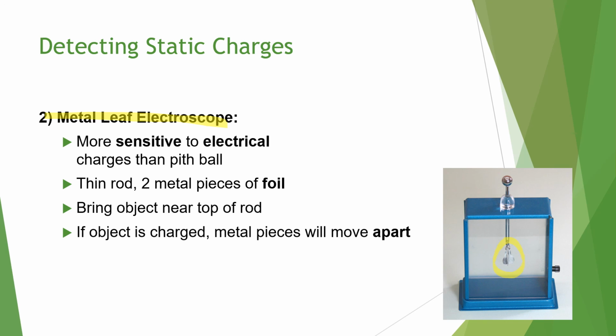So if you were to bring a metal rod that's negatively charged close to this metal leaf electroscope, the metal ball, what would happen is all of the negatives that were on the metal ball would want to move as far away from the negatively charged metal rod as possible, because we know like charges repel.